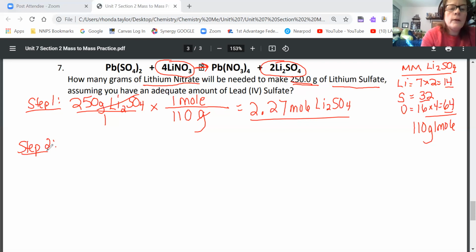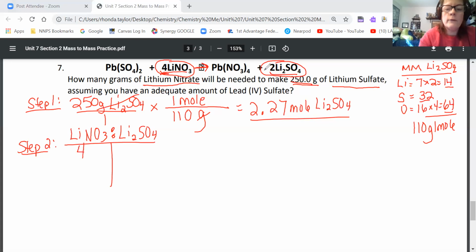All right. So look what we're working with. We're working with lithium nitrate and the lithium sulfate. Okay, so we got to look at our mole ratios. In the equation, there are 4 lithium nitrates to every 2 lithium sulfate. But we know we have 2.27 moles of lithium sulfate, and we're trying to figure out how much lithium nitrate we're going to get with that amount.